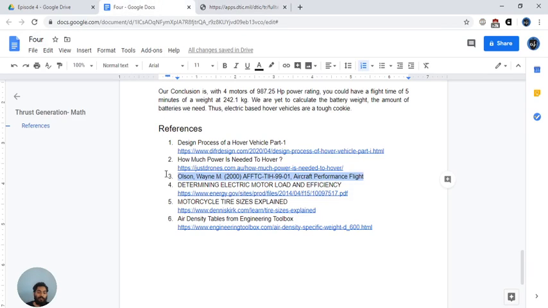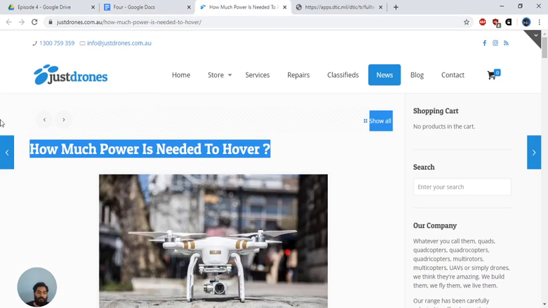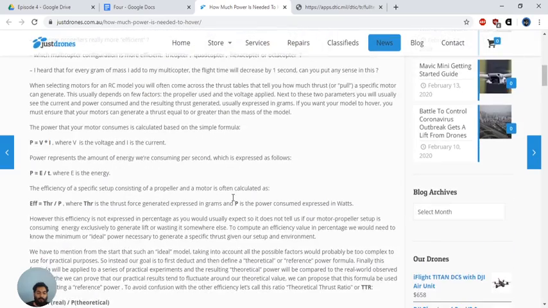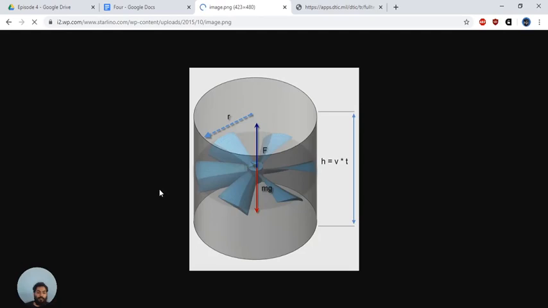It's gonna take hella long to download this, so I'm just gonna leave it for now. And for your ease, I know that was gonna happen, so I use this website. This is very easy: how much power is needed to hover? I use theirs for visualizing, and this was very easy.